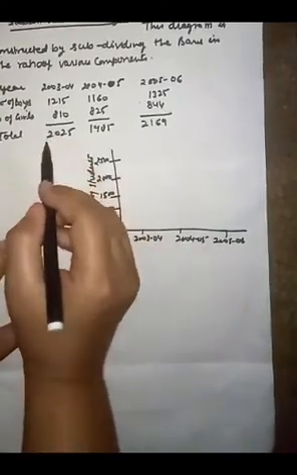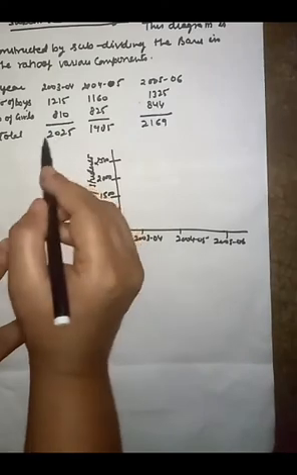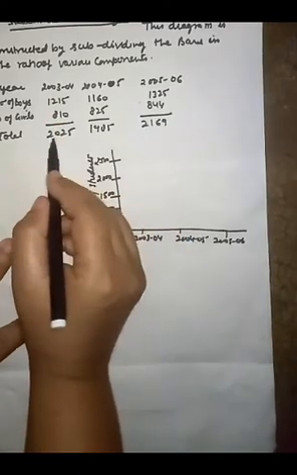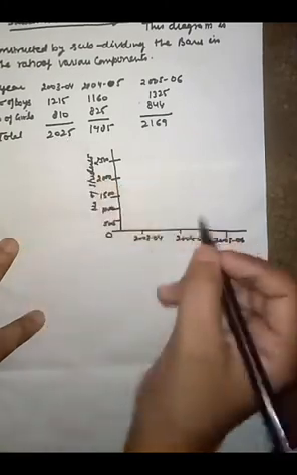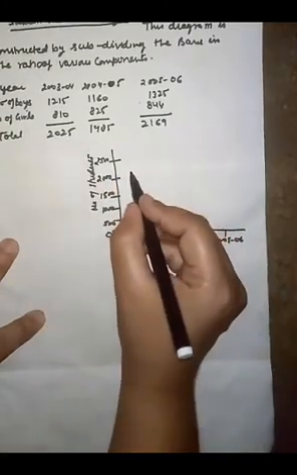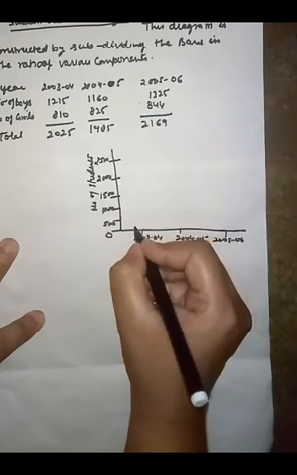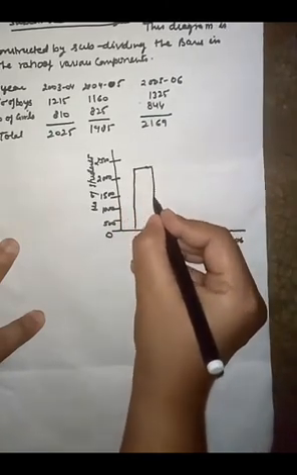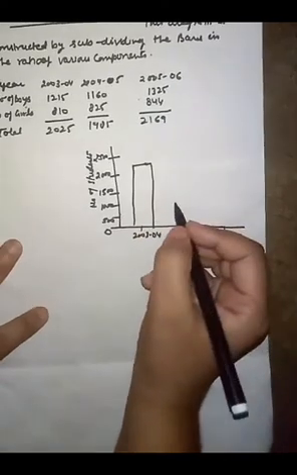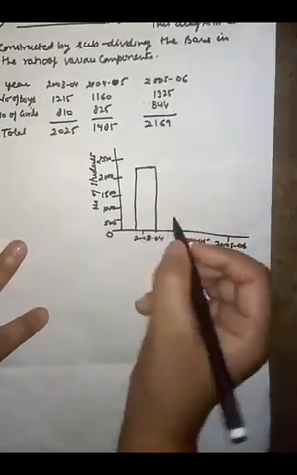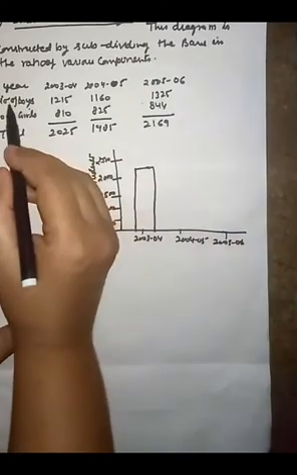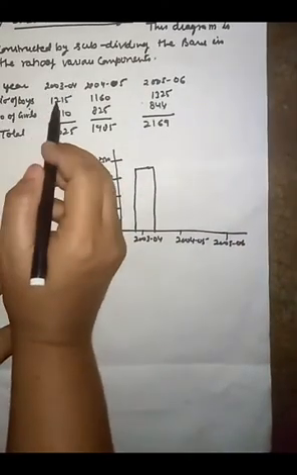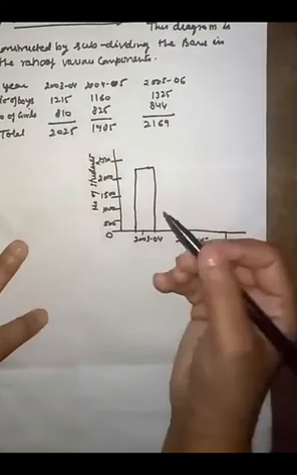Now firstly make the total of the bar. So here the total bar in 2003 to 4, the total length is 2025. So suppose when this value comes here, you make the bar. Now you see in 2003 to 4 the number of boys is 1215, right?